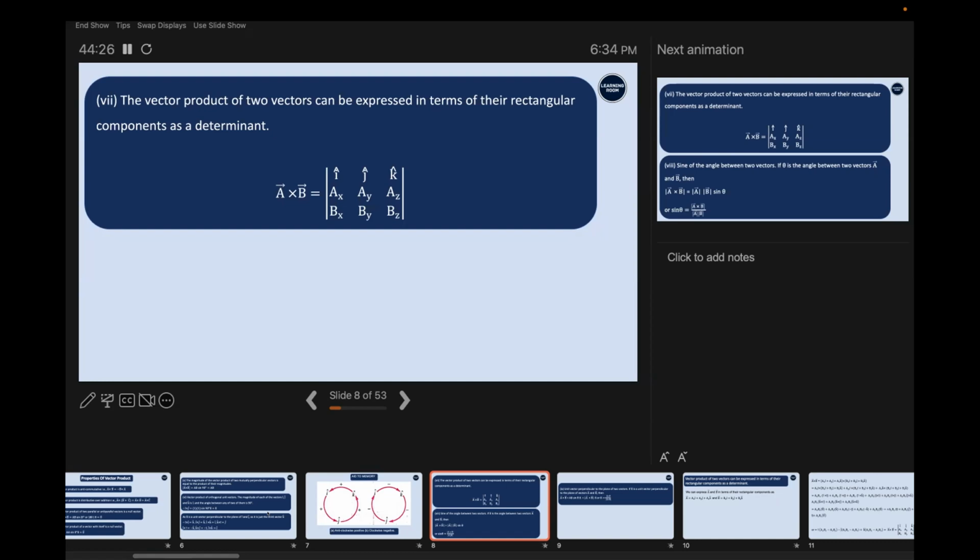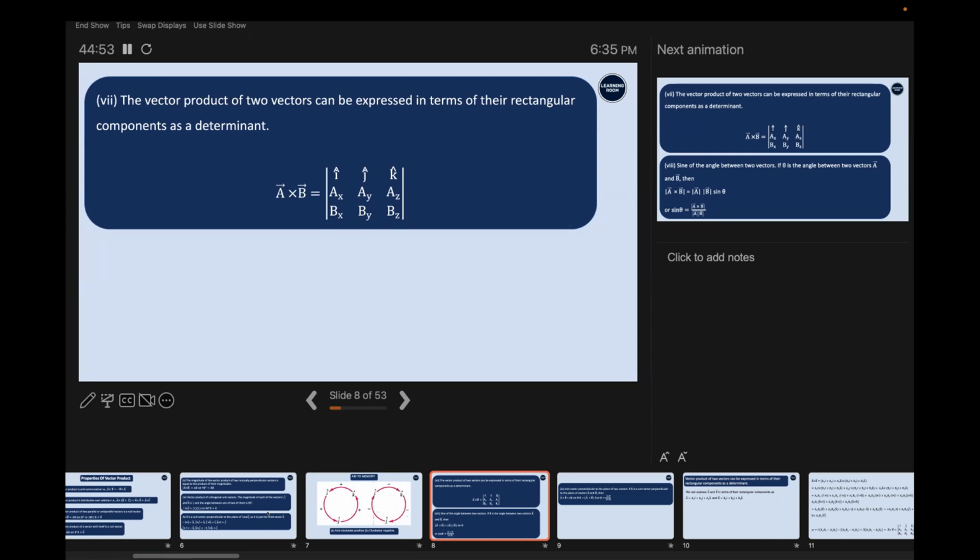Horizontals are called rows and verticals are called columns. In the first row, write i cap, j cap, k cap. In the second row, write the coefficients of the first vector, that is ax, ay, az. In the third row, write the coefficients of the second vector, that is bx, by, bz.